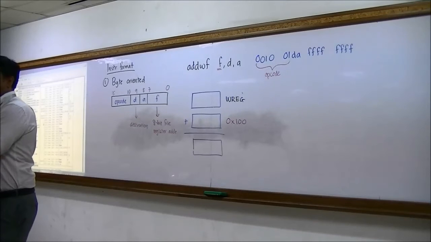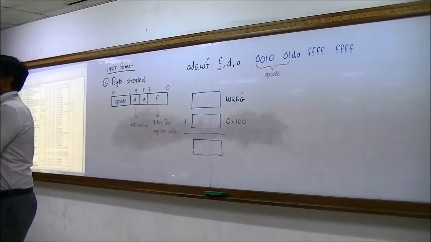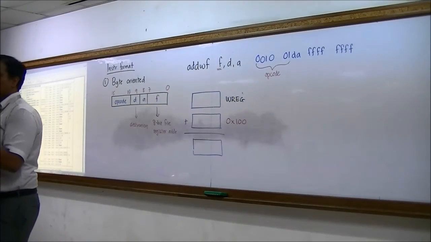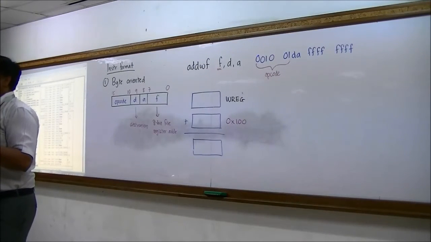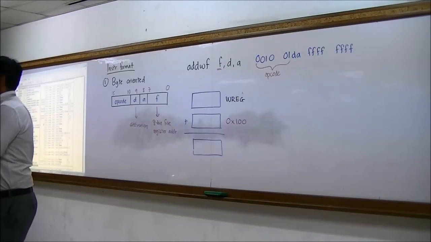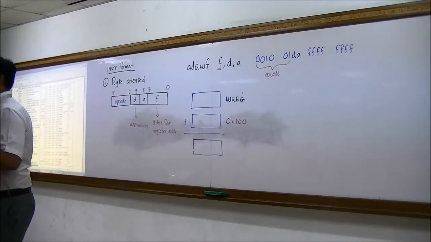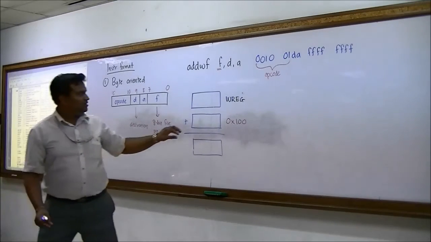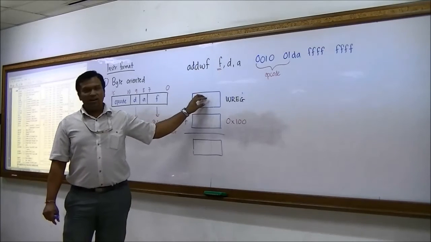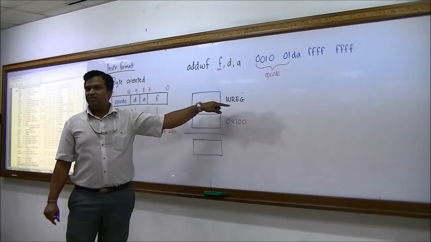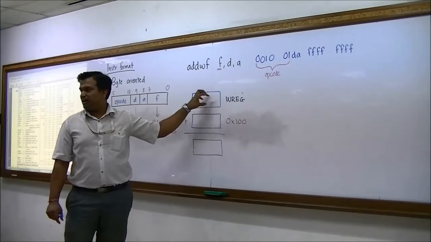Data memory, right? Now, unless you provide the addresses of these two file registers, will the CPU know where to get the data from? No, it won't know, right? Because the data are inside the locations. Unless it knows the address, how can it take the content and add?